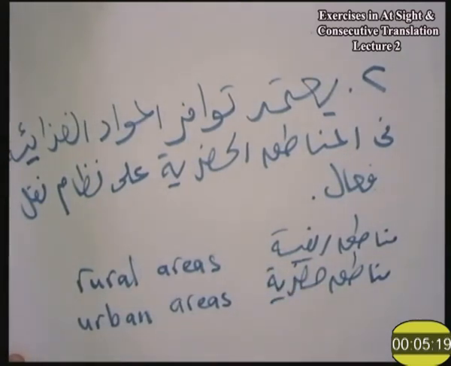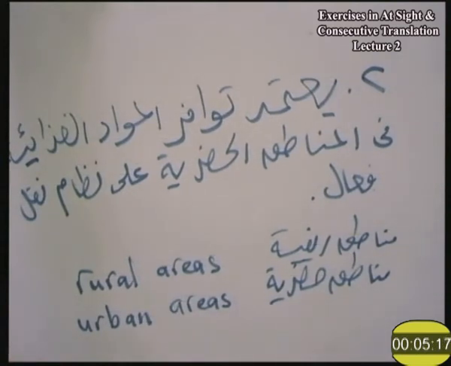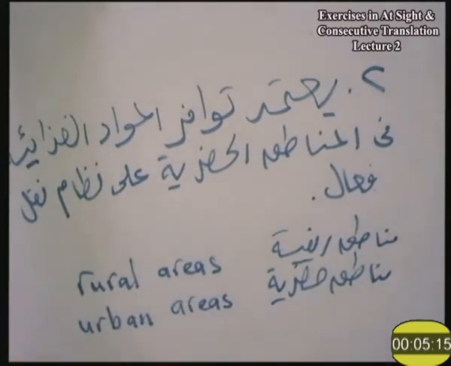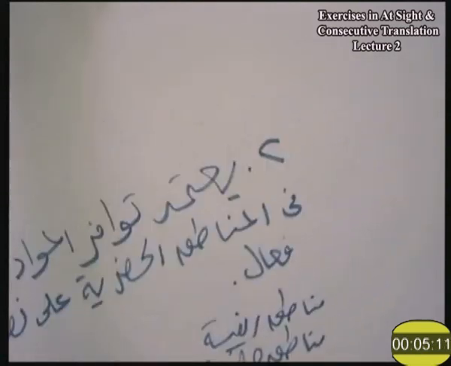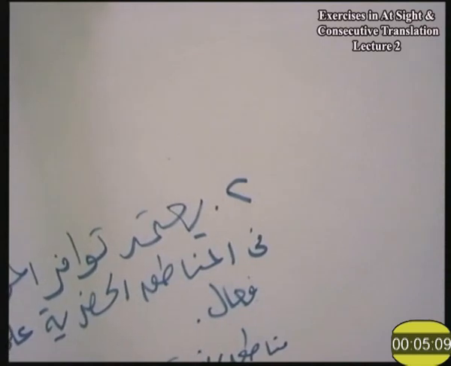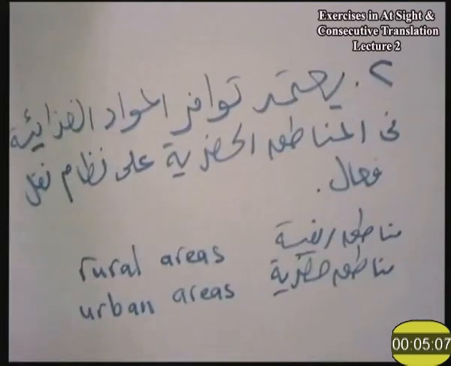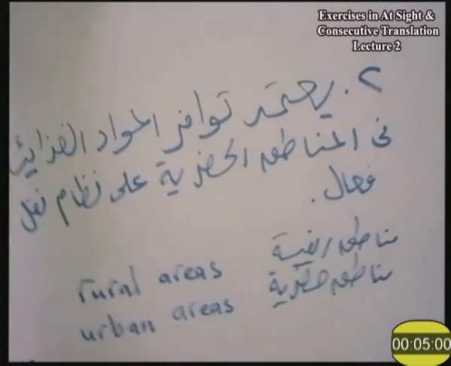Again, the accessibility of foodstuffs in urban areas depends on an efficient transport system. Okay. All right. Now let's see. يعتمد توافر المواد الغذائية في المناطق الحضرية على نظام نقل فعال. Now sentence number 3.